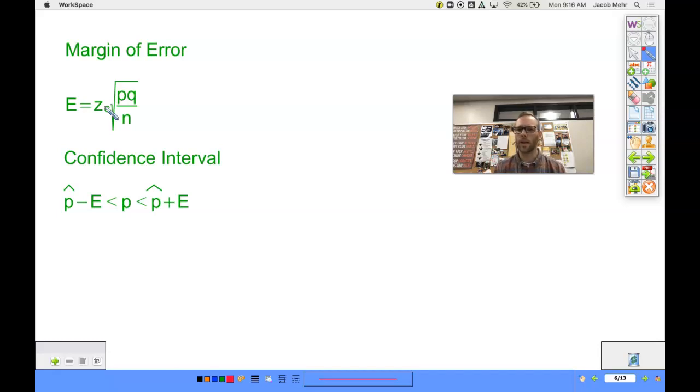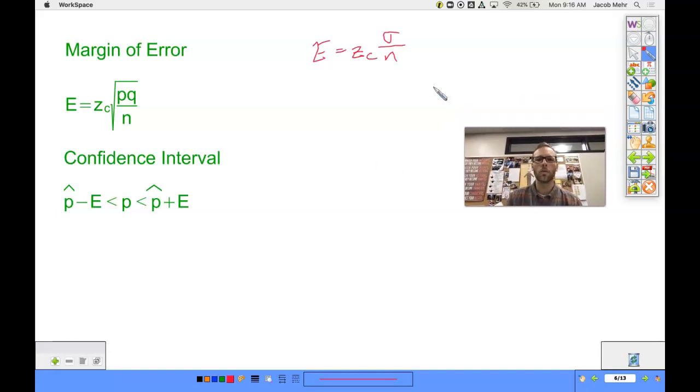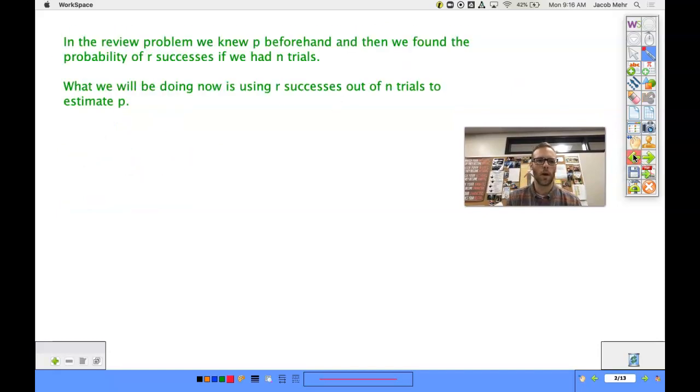And why are we using that? Well, remember that when we were estimating mu, our error formula was our z-score times the standard deviation divided by the square root of n, right? Remember that? Well, how do we calculate the standard deviation for a binomial probability?